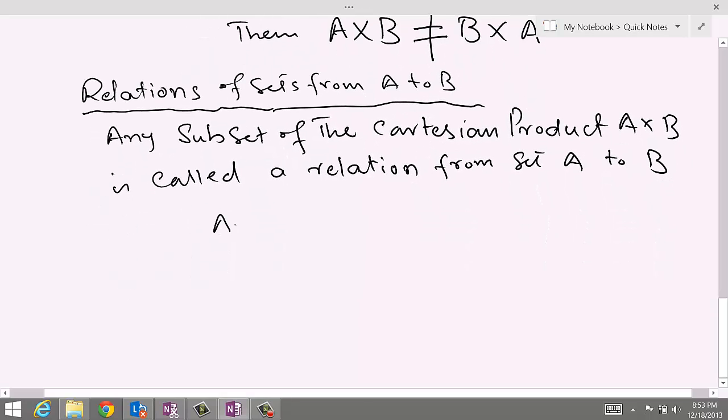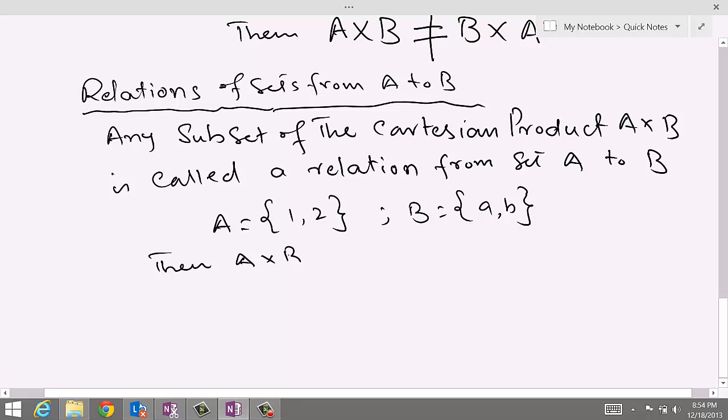A is equal to {1, 2} and B is equal to {a, b}. Then what would be A cross B?